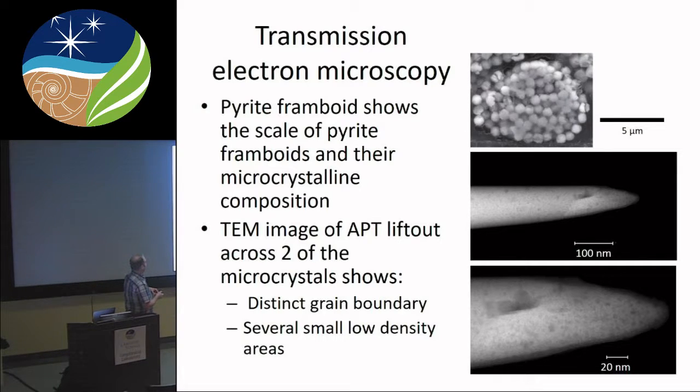What we were aiming for is to get across the interface of 2 of these micro inclusions in the pyrite rhomboid. You can just faintly see that there is a difference between this side and this side, and we interpret that to be one of these pyrite rhomboid interfaces.